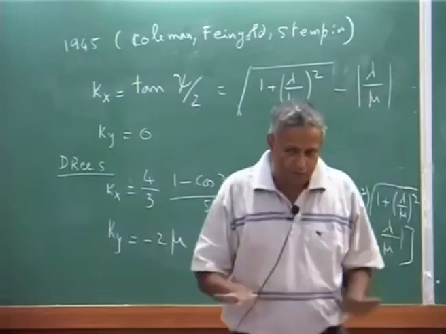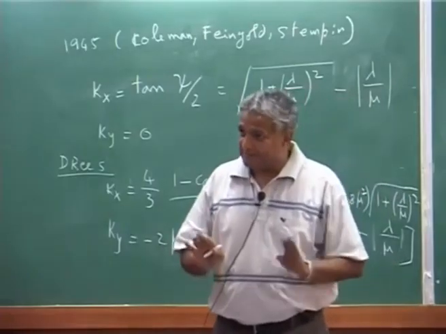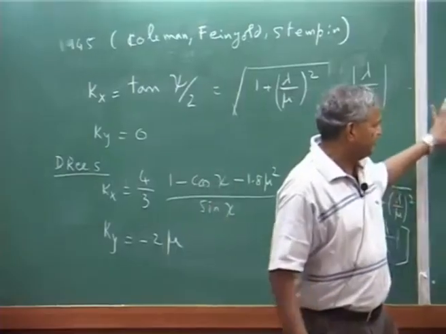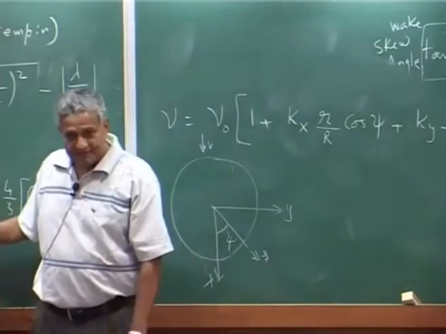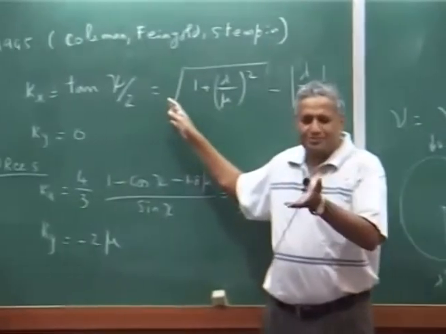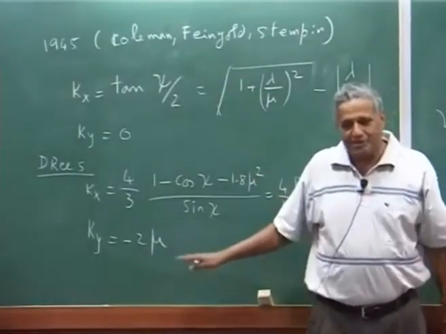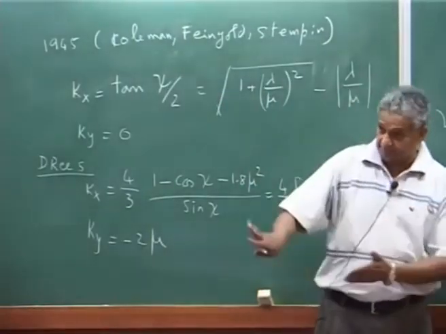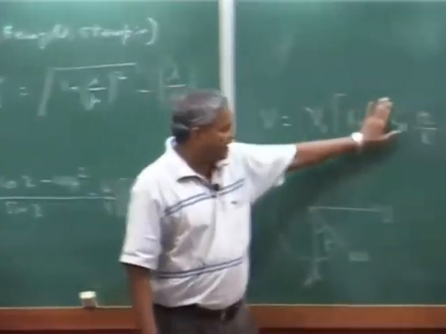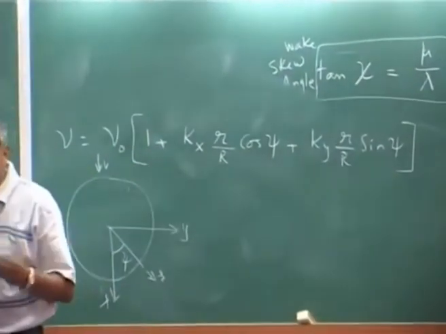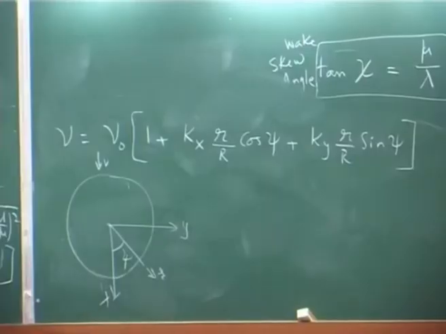Now we will go on in this course. Please understand, we will just use this expression. So if I say Dries model, you know that this is the Dries model. Sometimes people call it old, but Dries model is reasonable. But in all our formulation, please understand, I don't include this because it makes things simpler, because most of the expressions which you derive in the books assume uniform inflow.